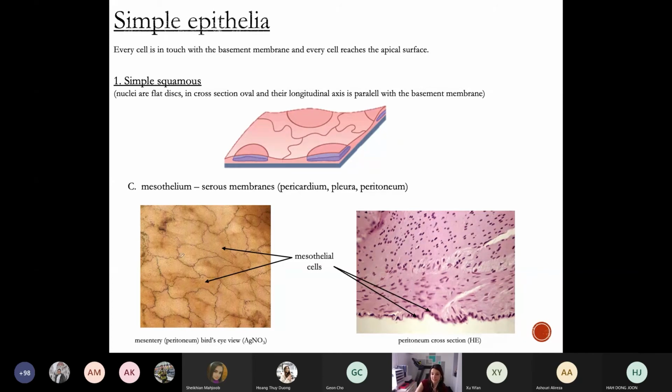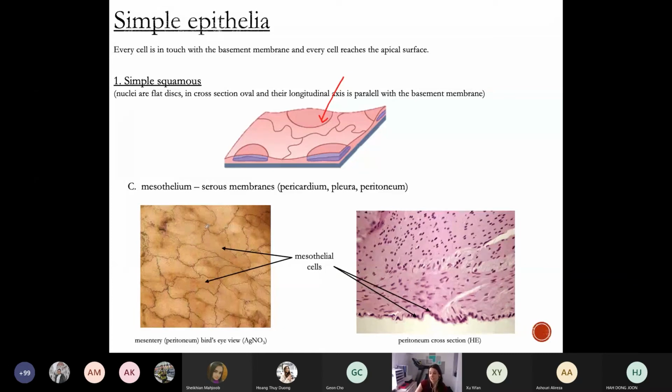Okay, and this is a so-called silver nitrate impregnation, where the silver precipitate is found between the intercellular spaces, and this is why we can see the borders of the cells. Okay, so these are flat cells. Actually, it is the same as if we would take a look at this epithelium here from above. Okay, and this is how you can see the cells.